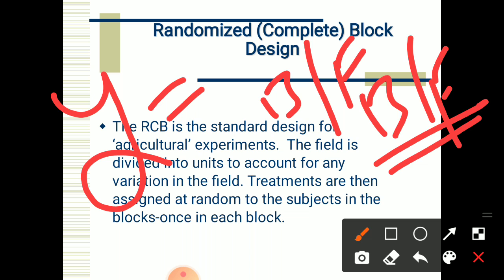As I told you in the first class, getting a large number of homogeneous animals, especially in livestock, is a very difficult task. You can have this even in agricultural experiments. So in order to remove the variation and improve the accuracy of analysis, we adopt the RCBD.